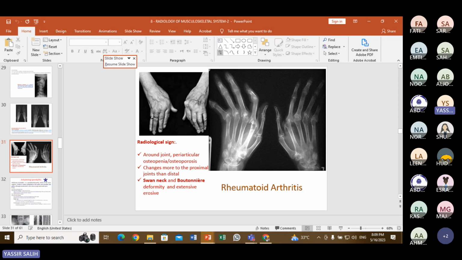When we say clinical presentation, we mean symptoms and signs. Back pain, yes, and what else? Stiffness. What is the nature of this back pain?